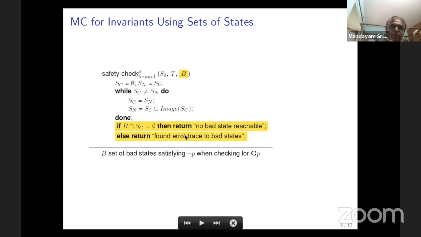And at the end, when you have accumulated all of them, you can check if B intersection C is empty. If it is empty, then you know that no bad state is reachable, and you can say it is safe. If not, you have found an error trace to a bad state.